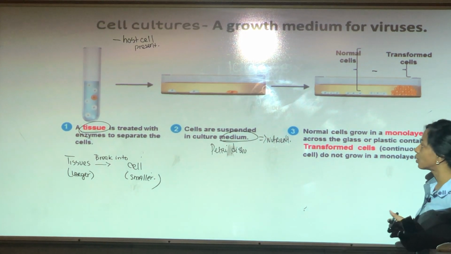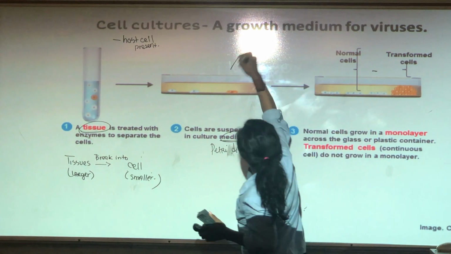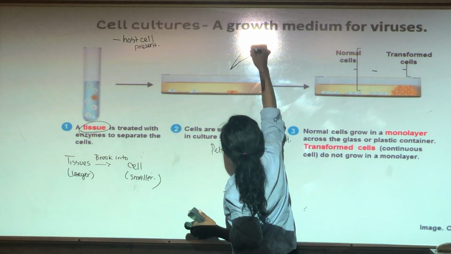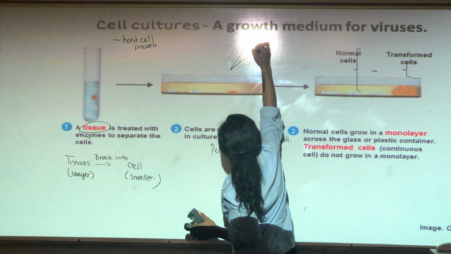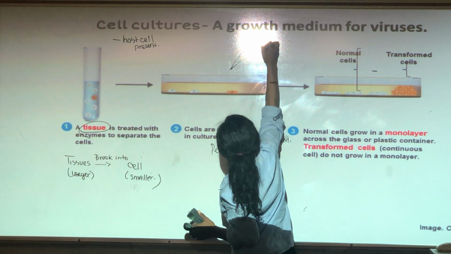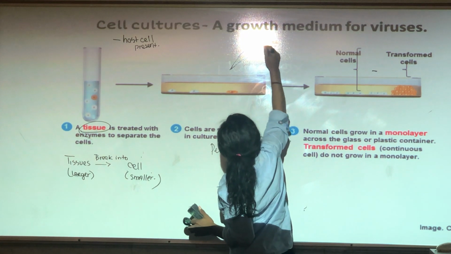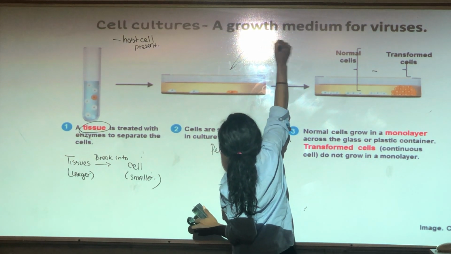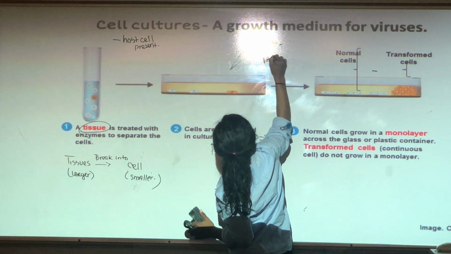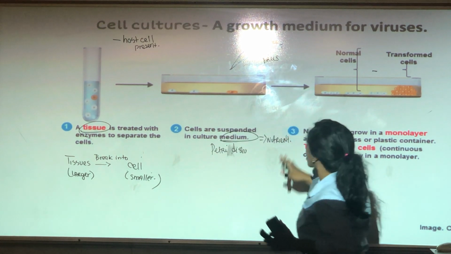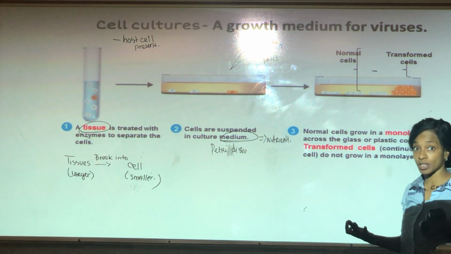And then what we do is that then we can inject the viruses, all right? So let's say this is a little needle, right? We will inject the viruses. Right, so when we inject the virus, what happens? Then we look for something, we wait.